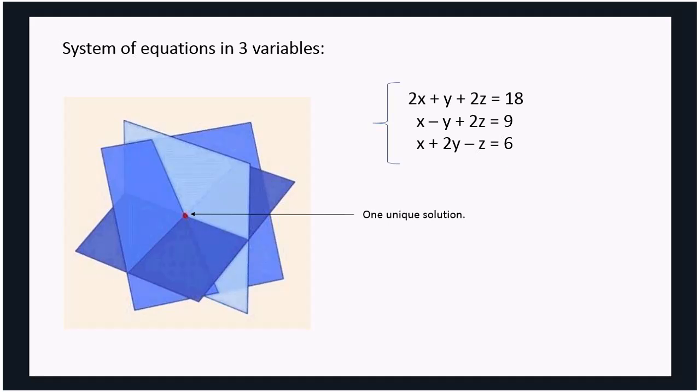So we're looking at this in 3 dimensions. When you're solving systems of equations in 3 variables, we're looking for a solution where all 3 planes come together. Then you'll get a solution for x, for y, and for z that's going to work with all 3 of these equations. And a matrix is the tool we use to solve for x, y, and z.